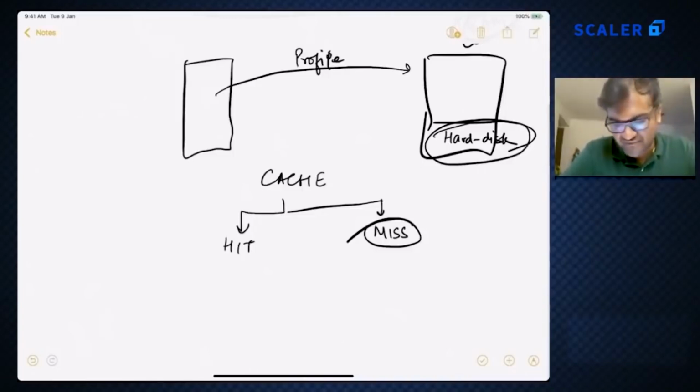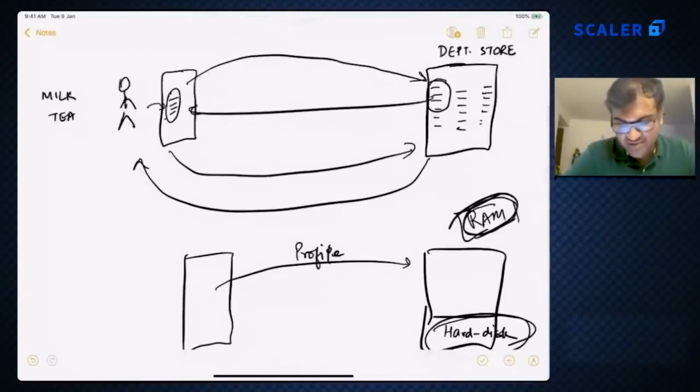In the context of the departmental store and milk tea example, let's say that you want your milk tea to always use the milk that is present in the department store. How do you validate that the milk that you have in the fridge as of now is exactly the same milk that is present in the department store?